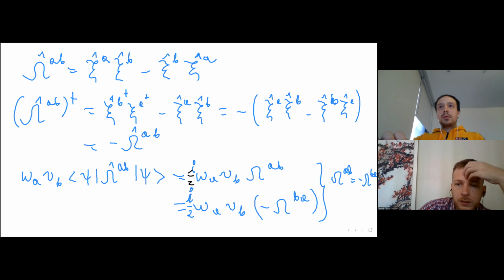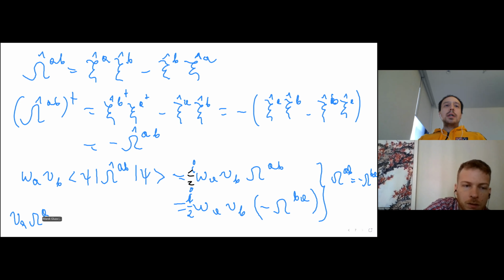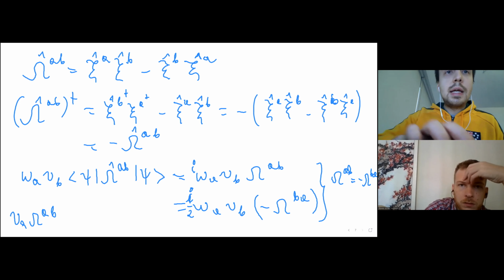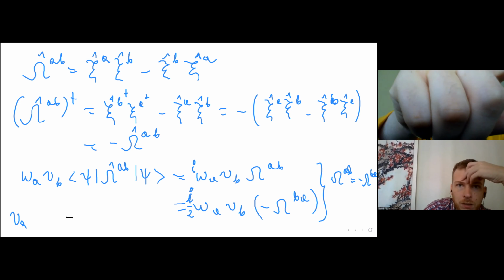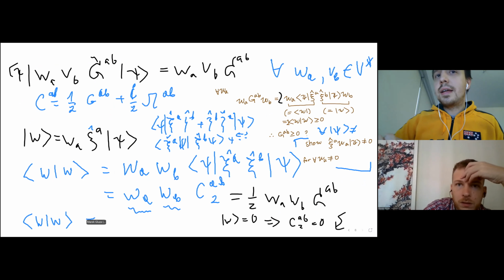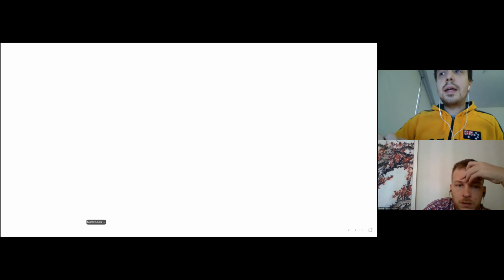What was the definition? That contraction is non-zero or something like this? Usually non-degenerate means that it doesn't take zero values for non-zero vectors contracting.